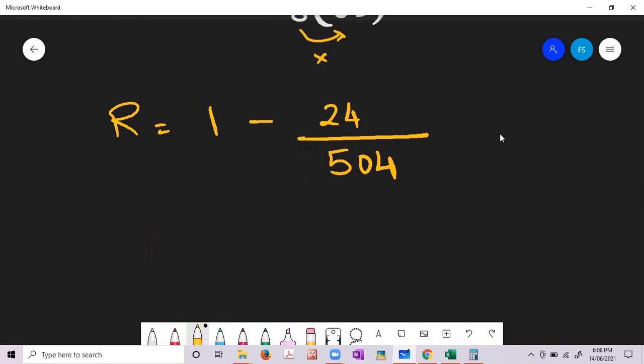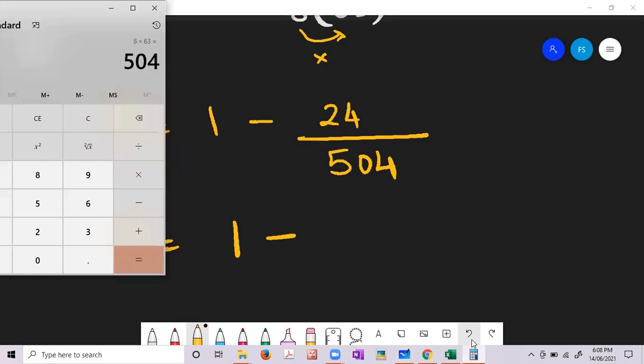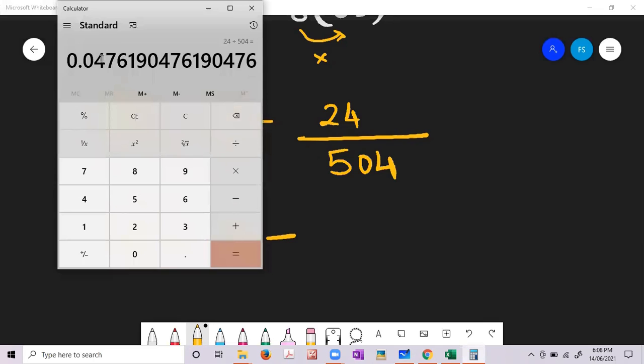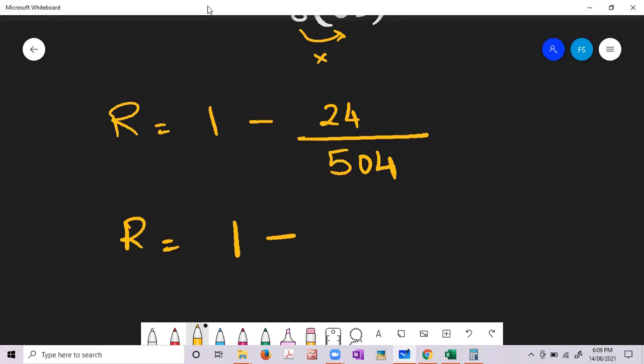Let us solve further. R is equal to 1 minus 24 divided by 504. So we have to take 24 and divide by 504. You get your answer as 0.04761. So we will take the first 4 digits, which is 0.0476.